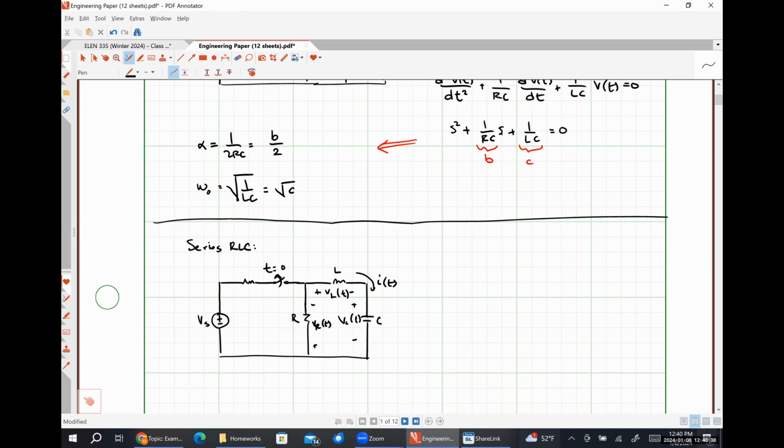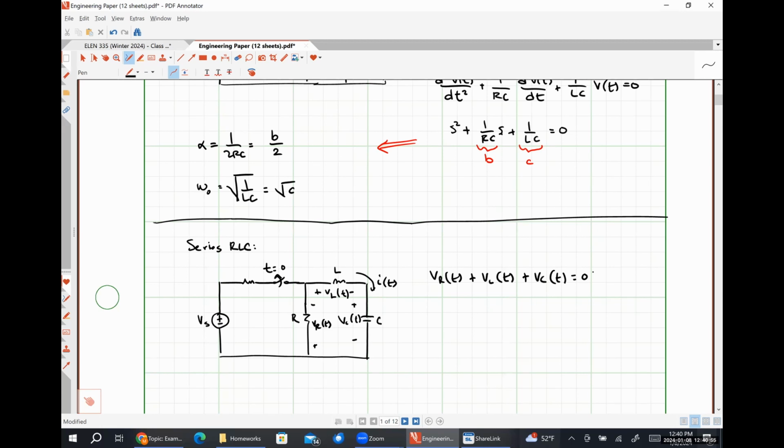and VR. Applying Kirchhoff's voltage law, we could see that VR plus VL plus VC was equal to 0. We can express all three of these in terms of the current.